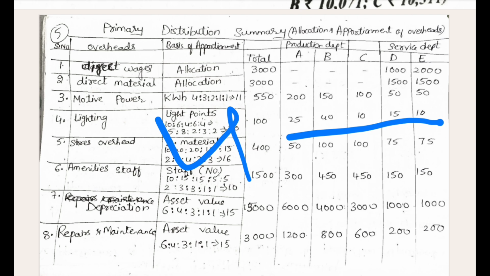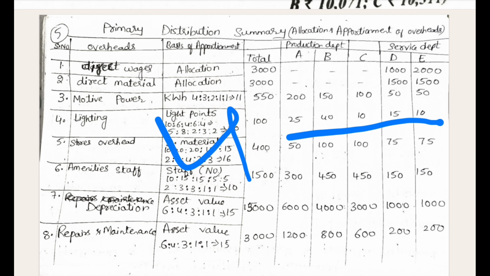That's why in the basis of apportionment column we write allocation. It's clear? Now, we are not writing direct wages and direct material in the production department. They should not be taken in the production department. You have to note this down in your answer script.